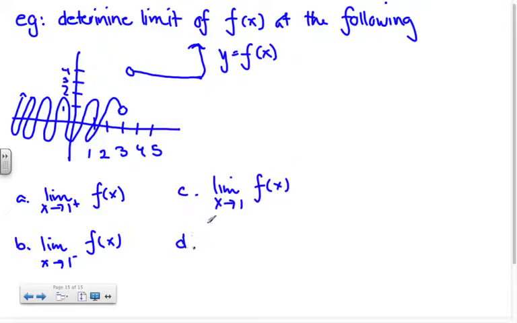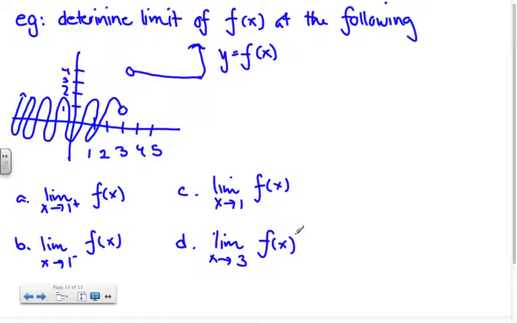Letter D. The limit as x approaches 3 of f of x.